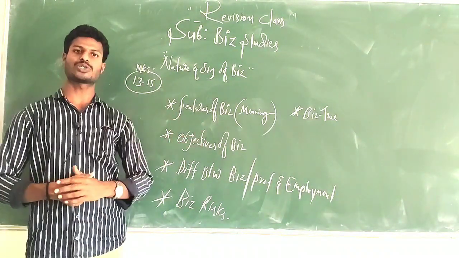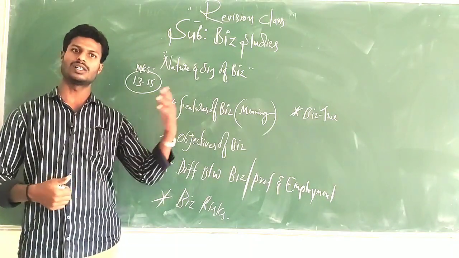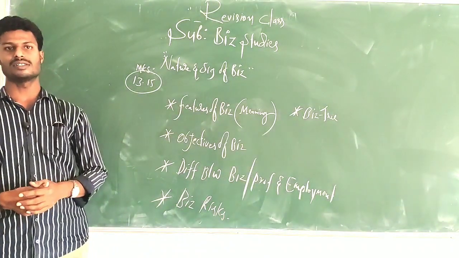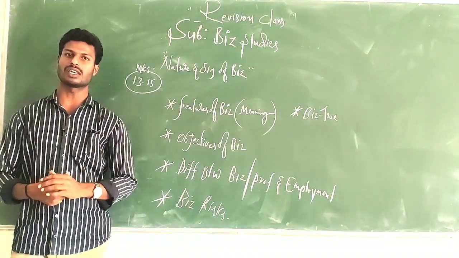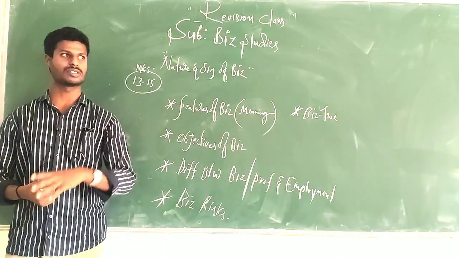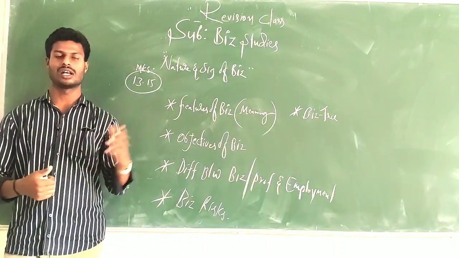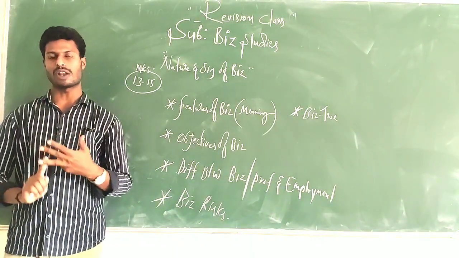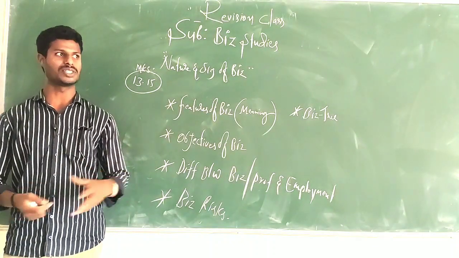And come to tertiary industries: all service industries like schools, hospitals, airlines, telecommunications, banking, insurance, advertisements. These are the best examples for tertiary. So primary is agriculture, secondary is manufacturing, tertiary is service.